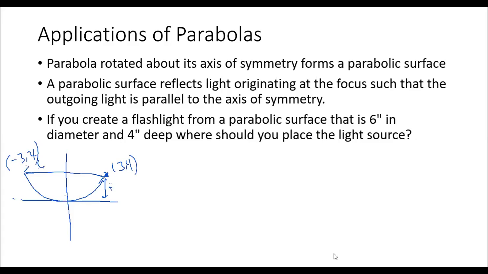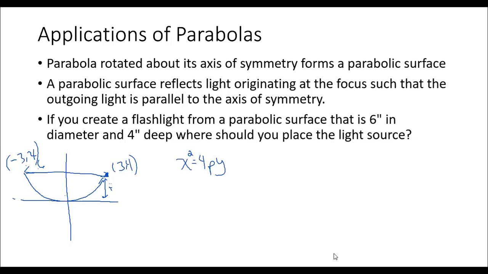So that's the trick with all of these. And I know I didn't do the applications for the hyperbolas or ellipses, but the key is to identify the points and plug them into the equation and find out what the other variables in that equation are. For parabolas, we have to find out what p is. So we know this is a parabola that opens upwards. We know that we have a format of x squared is equal to 4py.